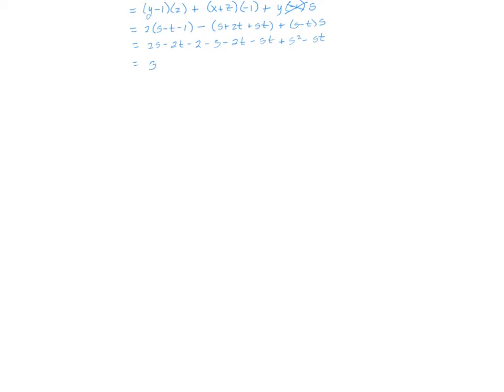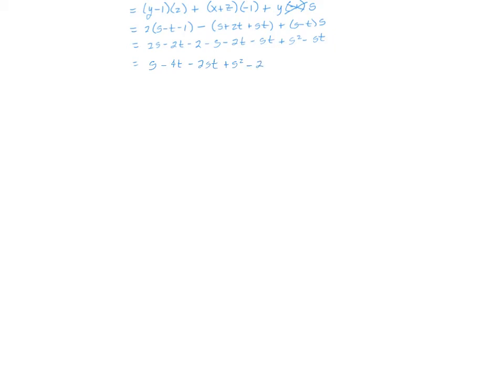It looks like I just have one s. I have minus 4t minus 2st plus s squared minus 2.